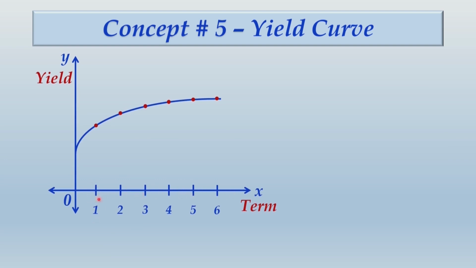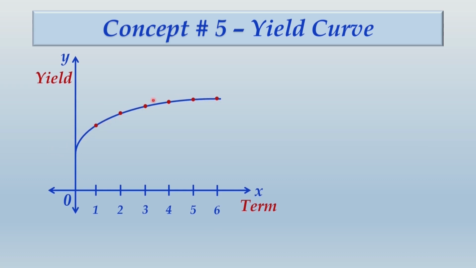If it is just 1 year remaining for maturity, the bond is offering you this much yield. If it is 2 years remaining for maturity, obviously I am talking about the other bond, it is offering you higher yield. 3 years remaining for maturity, still higher yield. 4 years remaining for maturity, still a higher yield. But do you see the increment in the yield rate from year 1 to year 2 is substantial, but between year 5 and year 6 it is very low.